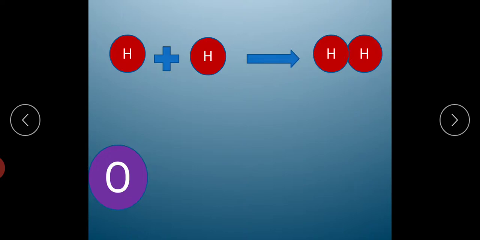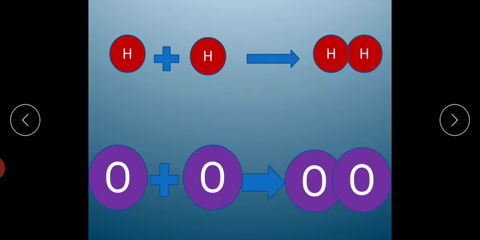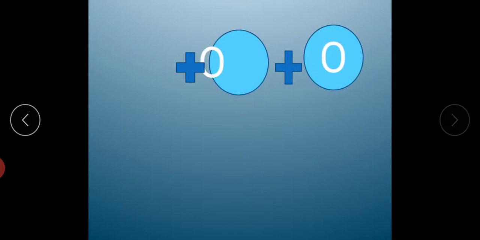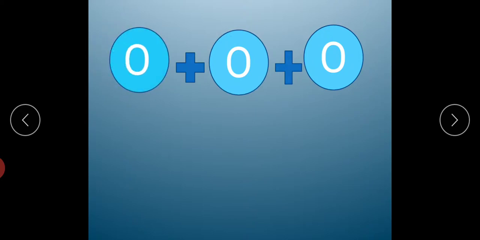Similarly, two oxygen atoms. They combine to form one oxygen molecule. That is why oxygen is represented as O2. Now, let us see this. Here also there are oxygen atoms, but there are three oxygen atoms here.